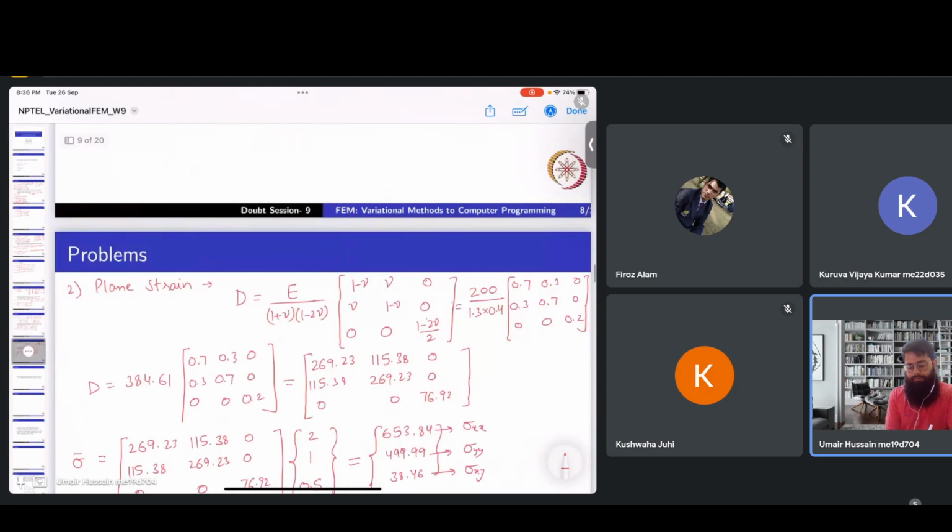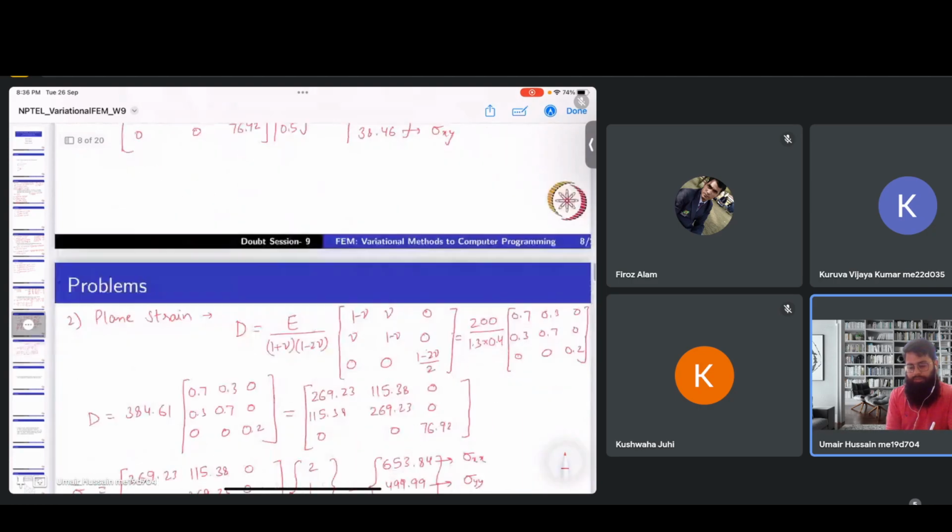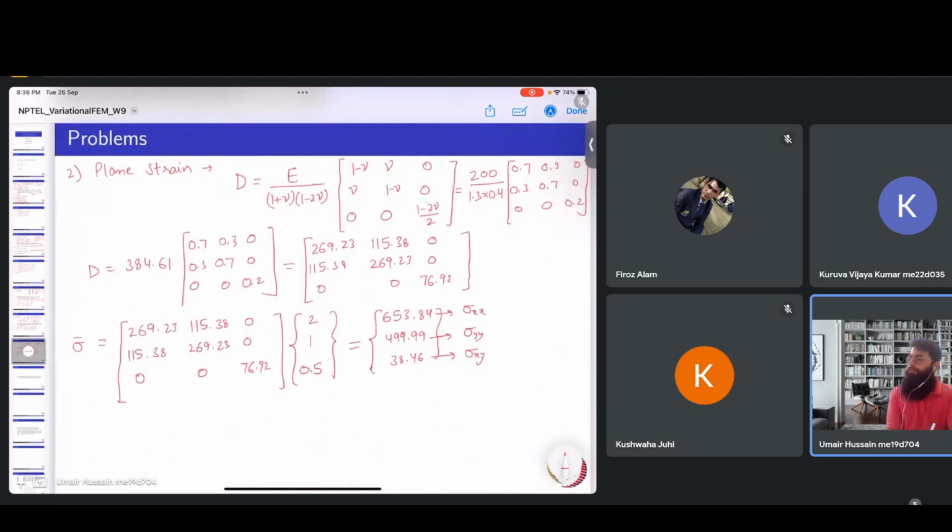So note the difference we have. It's quite significant, except for the shear stress, which is the same for both cases. Because for this condition, I think we'll also have the zz stress component, stress in zz direction. That I think would be equal to minus nu times stress in x plus stress in y.